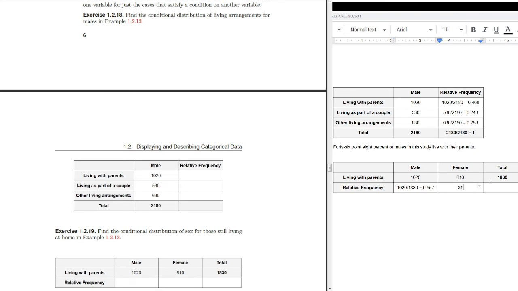For females, we have 810 over 1830, which is 0.443. And 1830 over 1830 gives us 1. And so the way that we can interpret these percentages, for example, is that 55.7% of adults in this study that live with their parents are male.